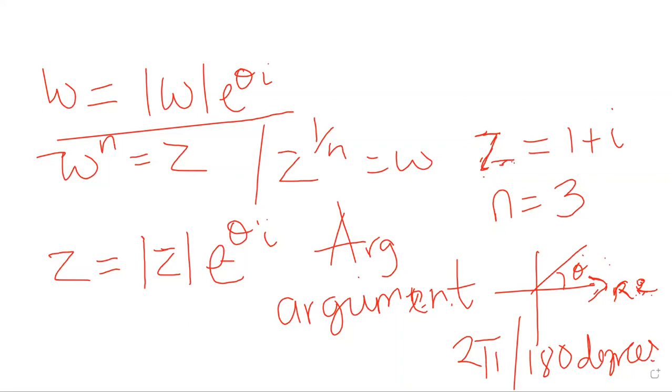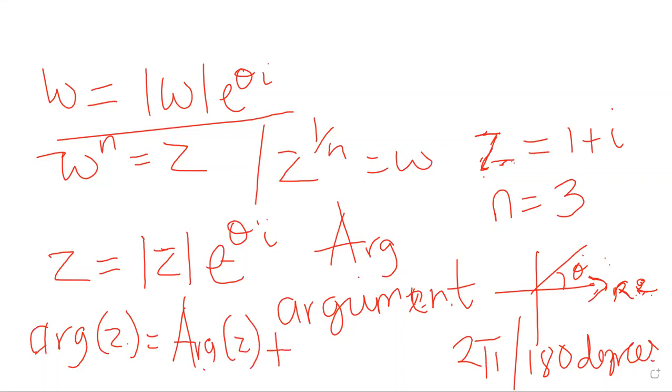So I can say my argument, small arg of z, is equal to the principal argument, capital ARG, plus 2 pi k, where k is any number.